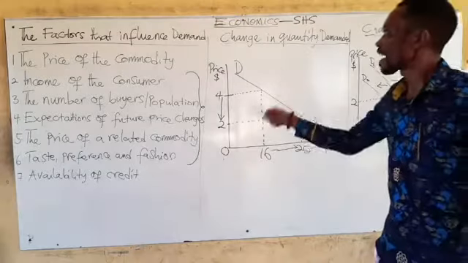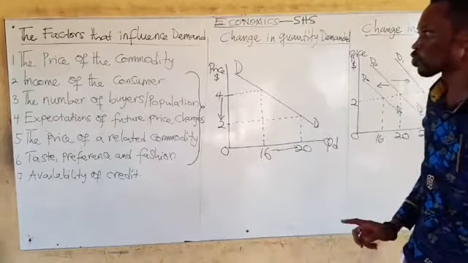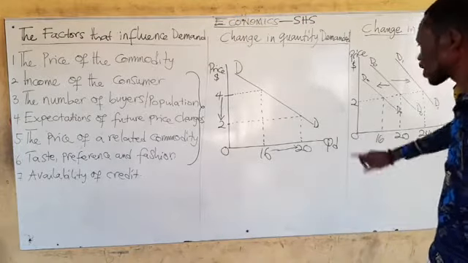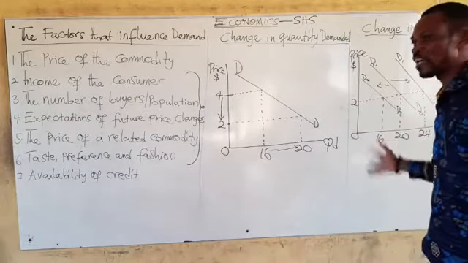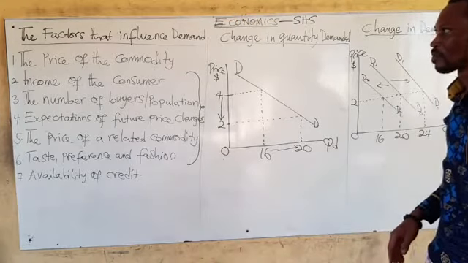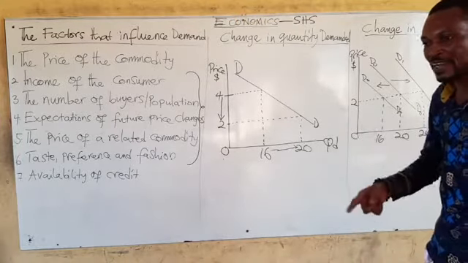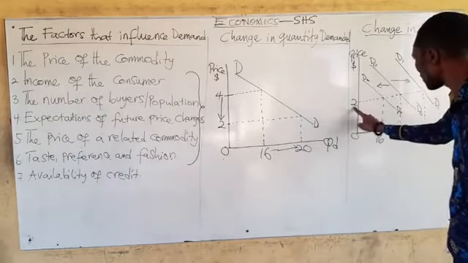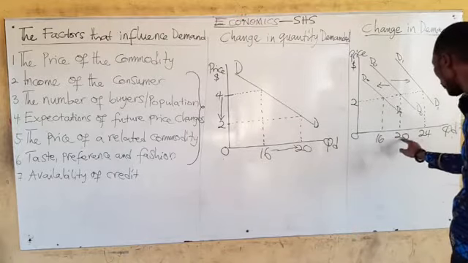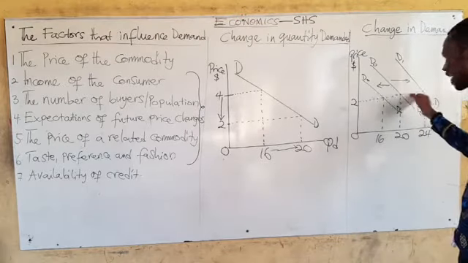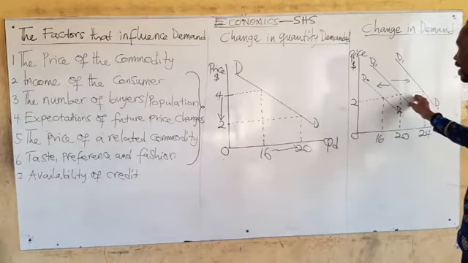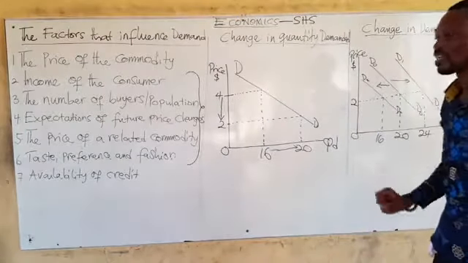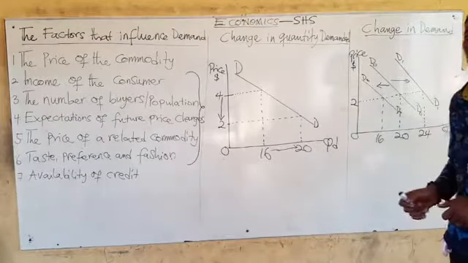Again, when all the other factors, like the income of the consumer and the number of buyers, cause the quantity to change, either move to the left or to the right, whilst price is held constant. So in this case, price is held constant, but there's a shift in demand curves, and that is caused by the other factors. That is what we call change in demand.